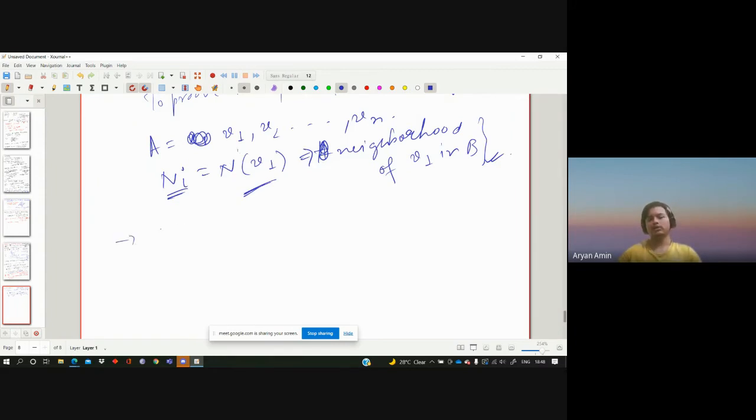So for equality, you need all Ni's to be disjoint. Just check this yourself. This is not very hard to see.